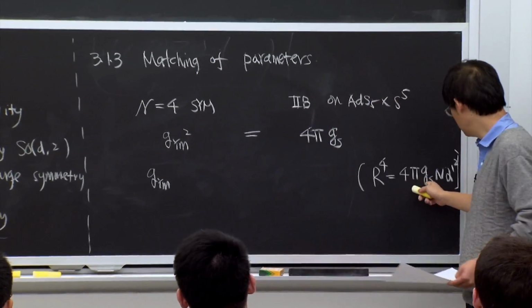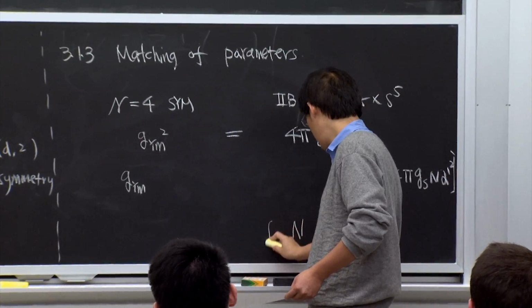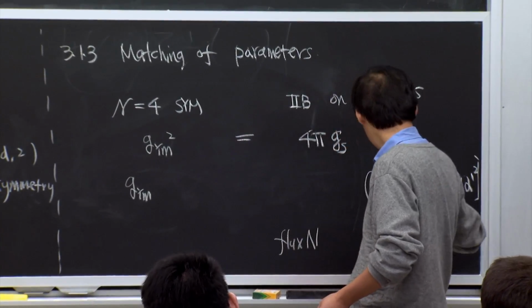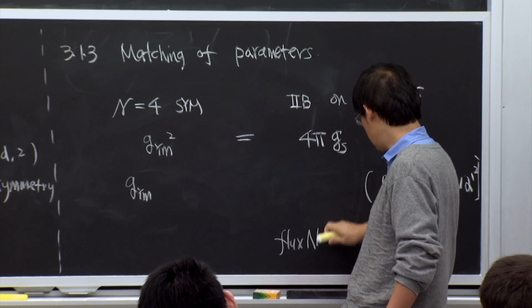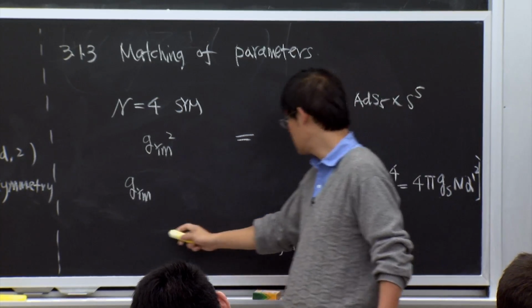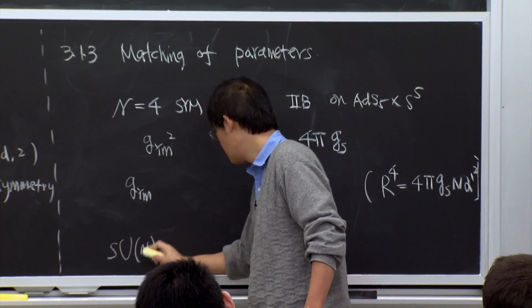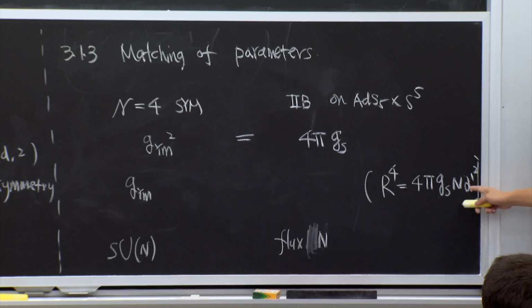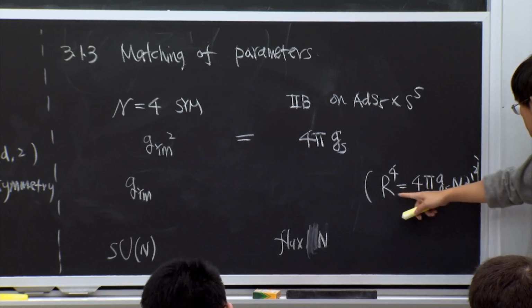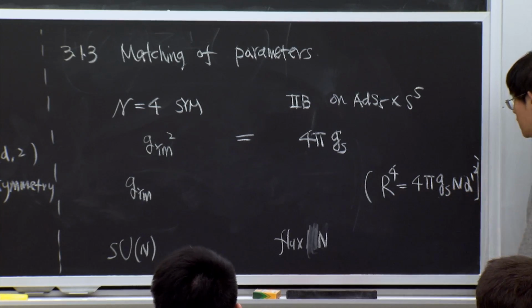Yeah, I should say the flux N. Let me add something. So the N is the number of D-branes on this side, which translates into the flux N, and then here it corresponds to SU(N). Okay. And so this curvature radius is related to alpha prime squared and g_s in this way.